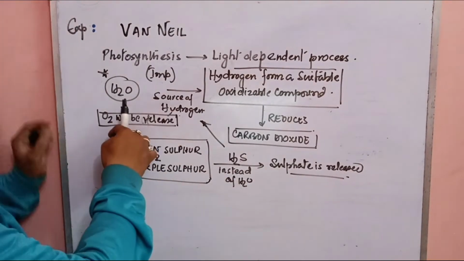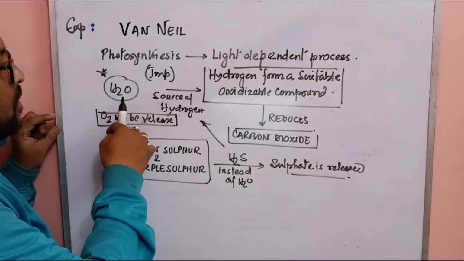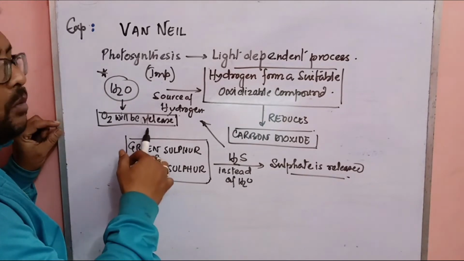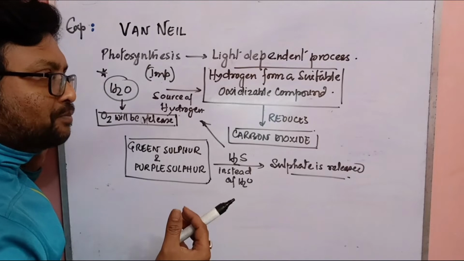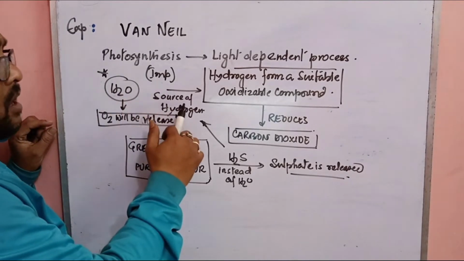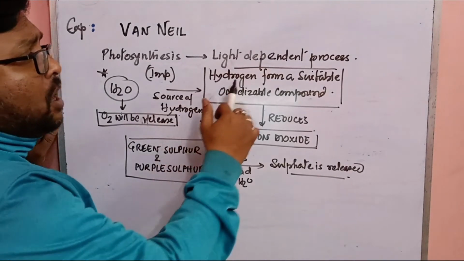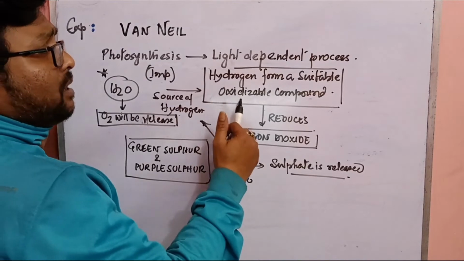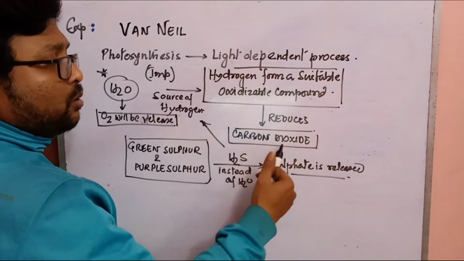So obviously when water is utilized in photosynthesis, oxygen is released, and this water also acts as a source of hydrogen, a suitable oxidizable compound that reduces carbon dioxide.